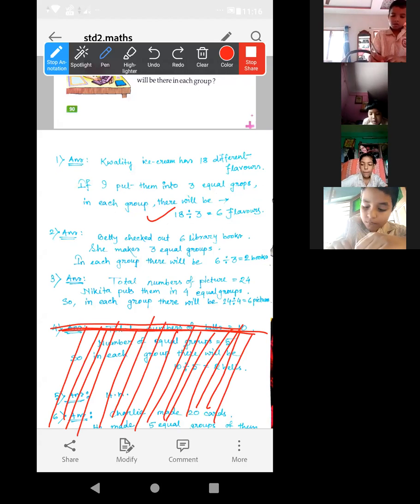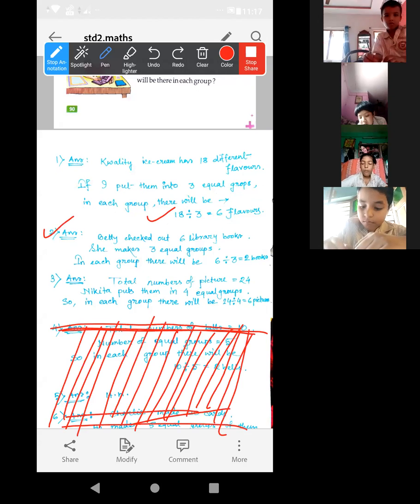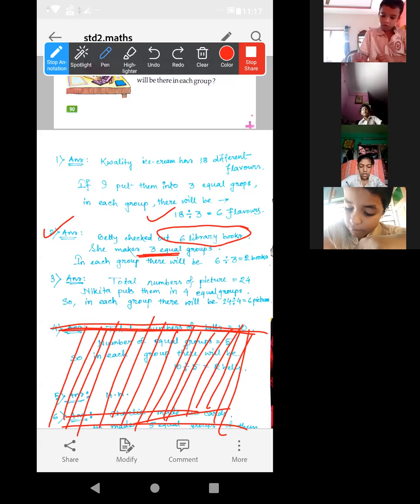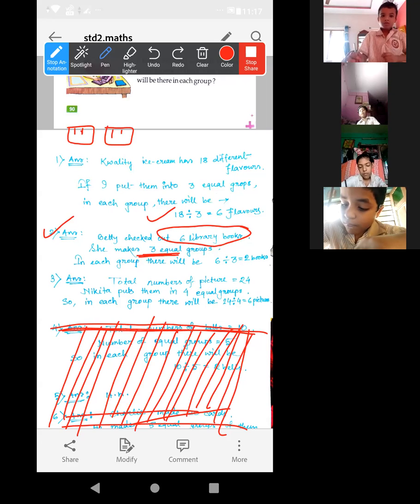The second one, look, total library books. She checked out 6 and she makes them into 3 equal groups. Suppose she is keeping these 6 library books in 3 equal groups. That means 2, 2, 2. So just do it.